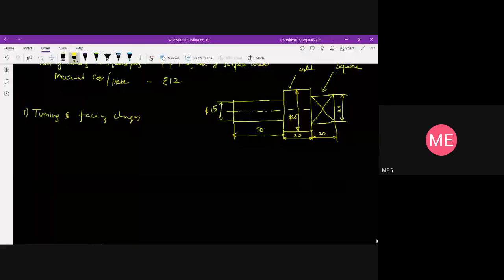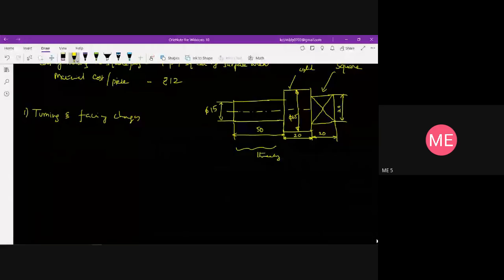So here, the turning area of the portion where threading is done: the surface area we are going to get is pi d into h. So if you take the h, that is this much, we need to take threading here. This much threading portion is going to be this much. Threading portion is this one.